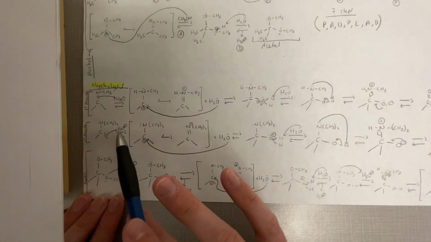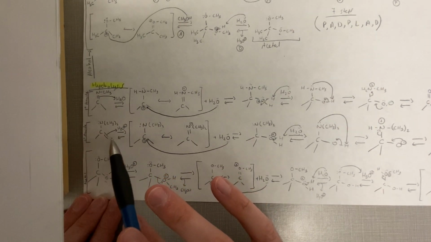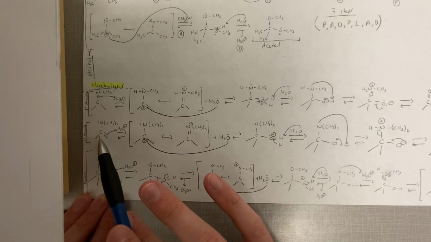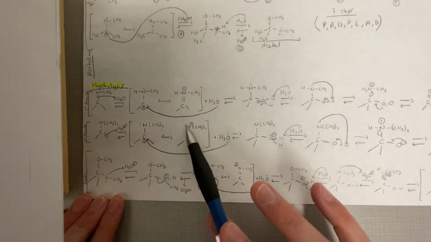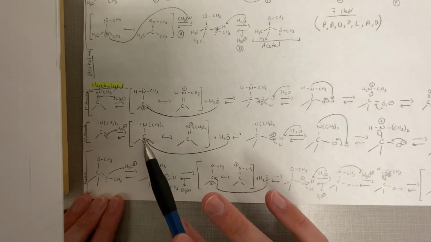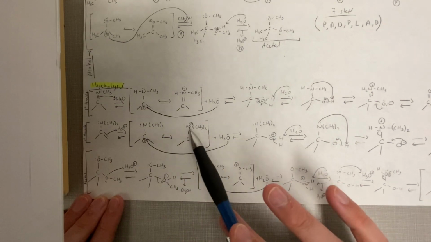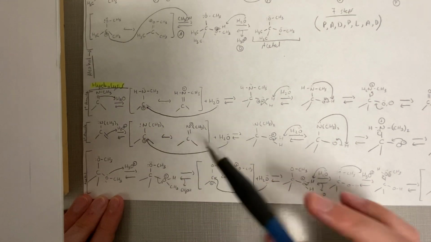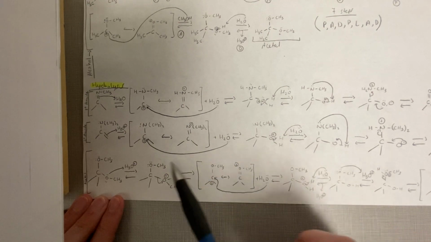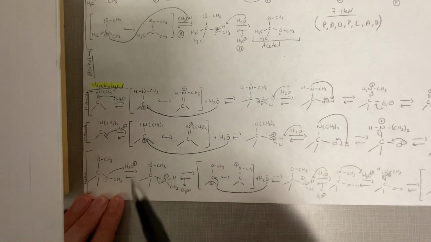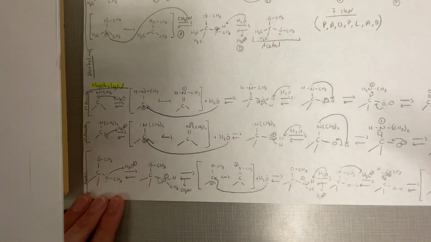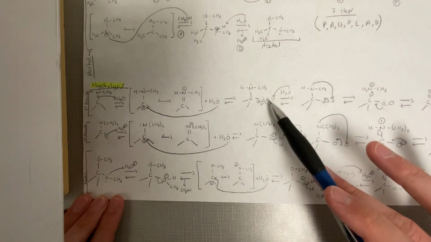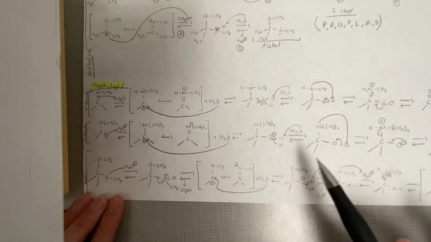So this double bond is going to attack and again be protonated. This will then form a resonance here where there's a positive charge on this carbon, or a positive charge on this nitrogen. Now water is going to attack the carbon, forming the same type of step as above.